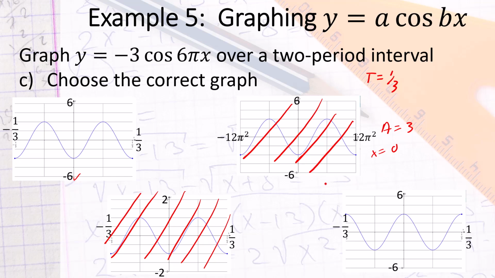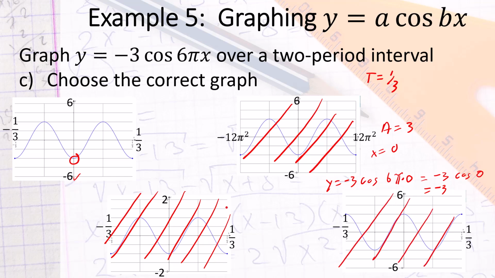All right, so there, y is going to be equal to negative 3 times the cosine of 6 pi times 0, which is just negative 3 cosine of 0. Cosine of 0 is 1, so we have negative 3. This right here is negative 3. This right here is positive 3. This cannot be the graph. Therefore, this is the graph that we're looking for.